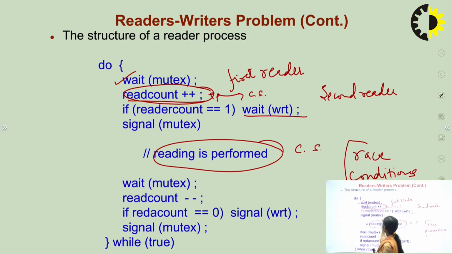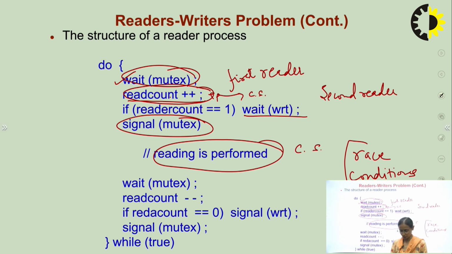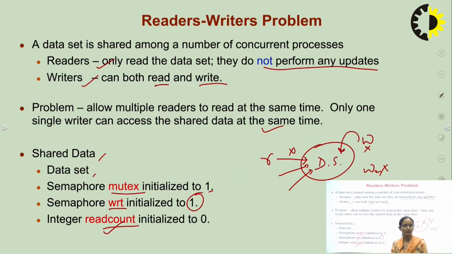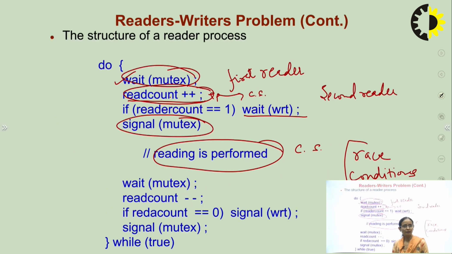This is how we are handling the read count. What is the mutex value initially? Initially the mutex value has been initialized to 1. So when the first reader process comes, the mutex value becomes 0 when this instruction is successfully executed, and the read count variable becomes 1 in this case. Now it will check here.